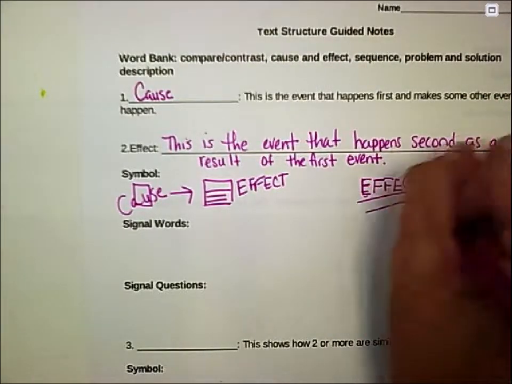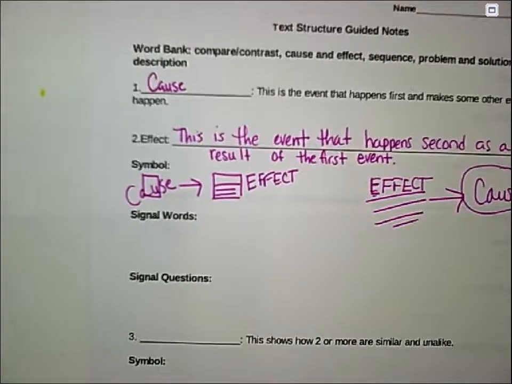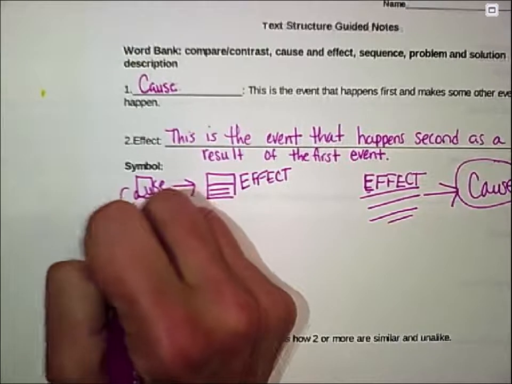So we'd have effects, and then we would have our cause. And like I said, a good example would be a deer running out in front of you and you slamming on your brakes. The effect would be that you didn't hit it, or even though you slammed on your brakes, that you possibly hit it and dented your car.